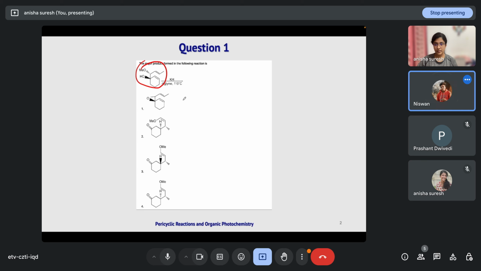3,3 sigmatropic rearrangement, yeah. 3,3 sigmatropic rearrangement will be taking place here. And since it is treated with KH, an anion will be forming. So it is known as anionic Cope rearrangement.